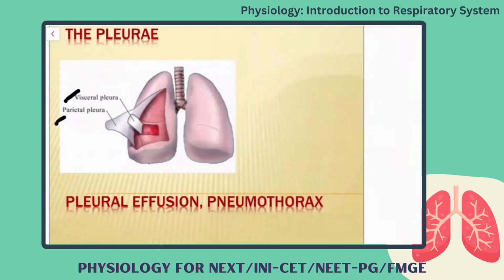The visceral pleura, as the name viscera suggests, is close to the lungs. And the parietal pleura is the outer covering which is close to the inner sides of the thoracic cavity. The lung is covered by a bony protective structure, which you call the rib cage or the thoracic cage or the thoracic cavity.